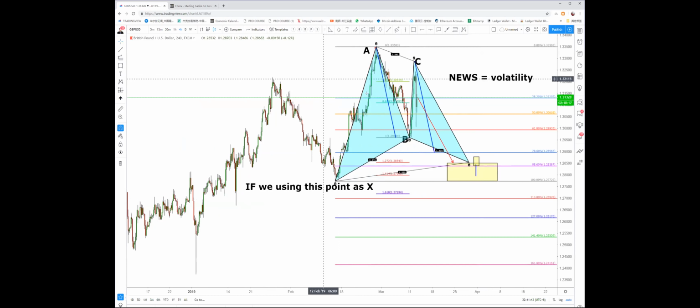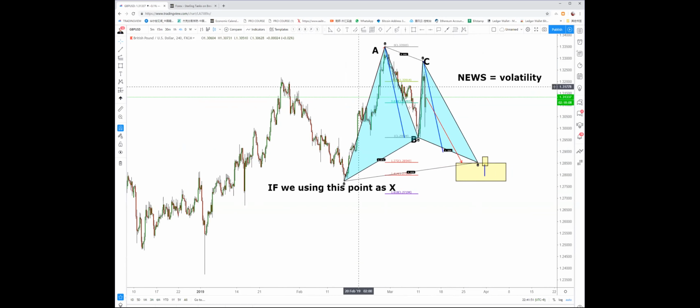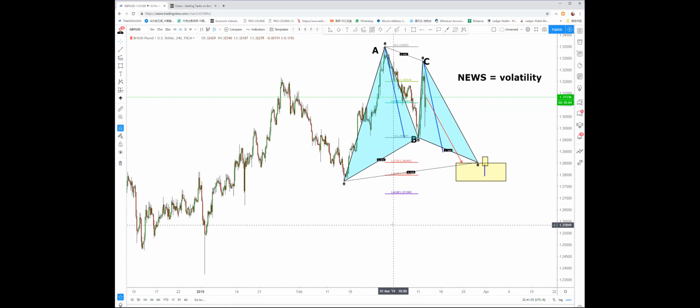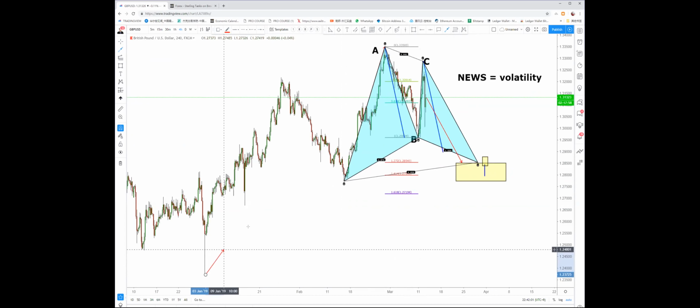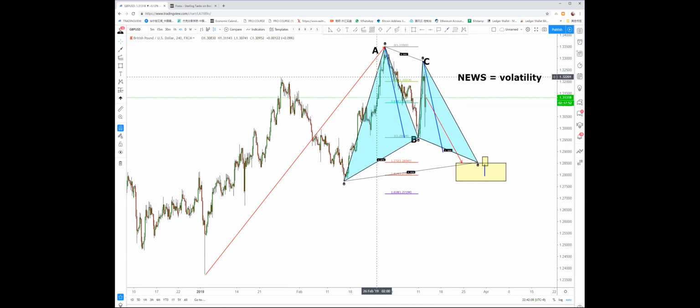Again, let's start from another view. Okay, I will keep these Gartley patterns here. Another view is we have to know that the rally from 1.2372 to 1.3346, this 1,000 pips move, has ended.